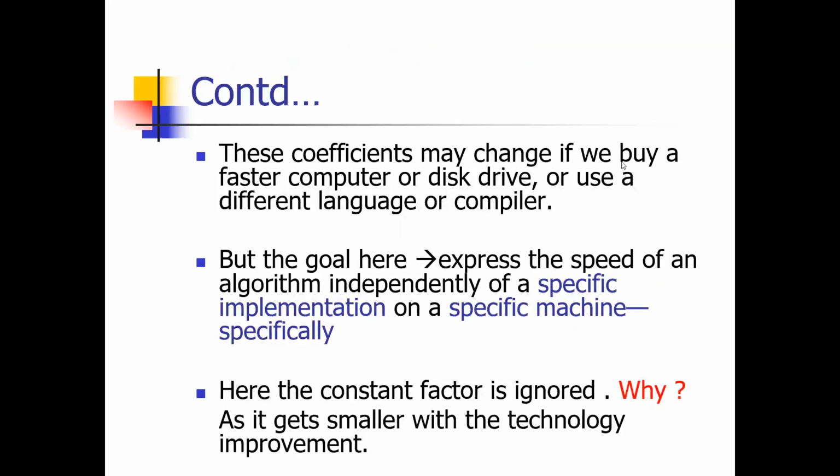These coefficients may change if we buy a faster computer or a disk drive or use a different language or compiler. But the goal here is to express the speed of an algorithm independently of a specific implementation on a specific machine.